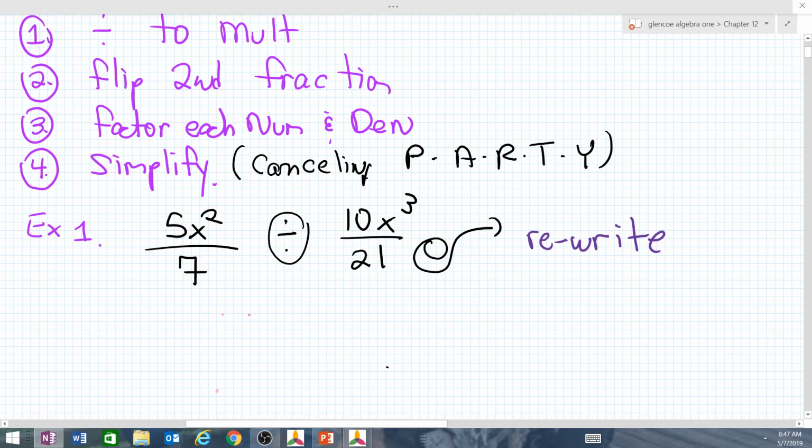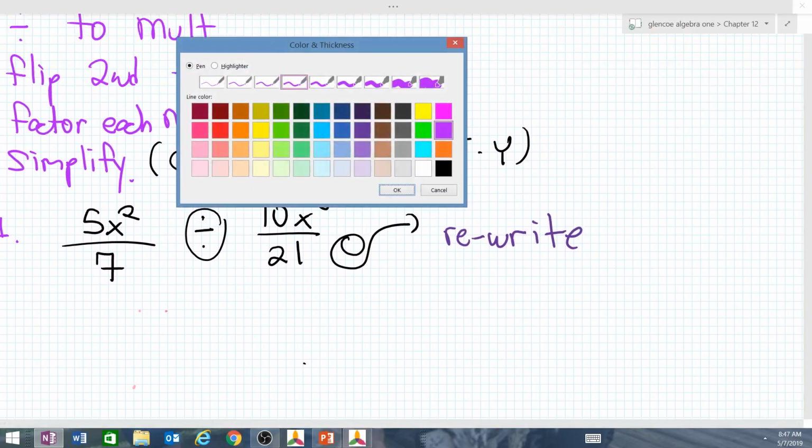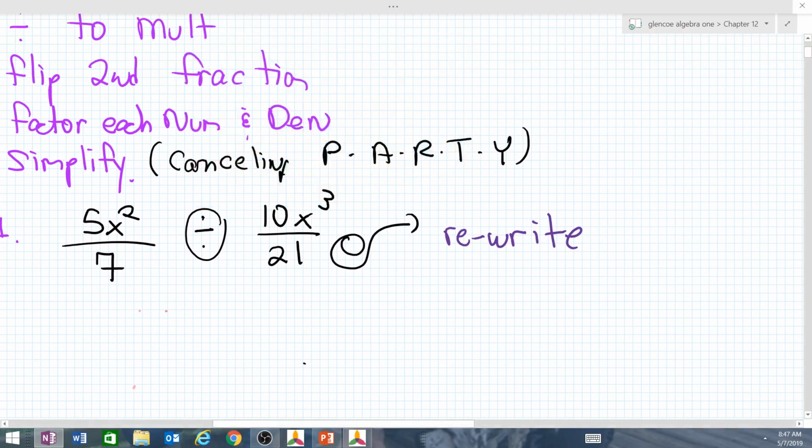So the first thing I'm going to do is a rewrite. Just like you rewrite in English, I am going to rewrite now. So I'm going to rewrite it as 5x squared over 7 times 21 over 10x cubed. Is everyone with me? Now I'm going to prime factor.